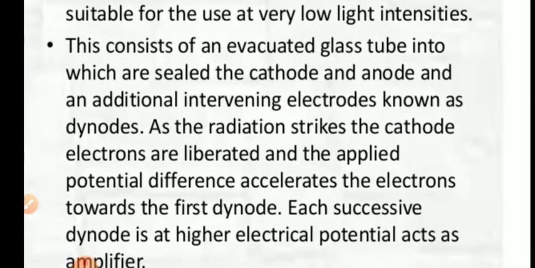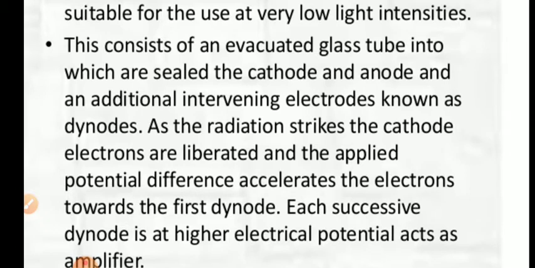This instrument consists of an evacuated glass tube, into which a sealed cathode and anode are present. At one end there is the cathode, at the other there is the anode, and in between the cathode and anode there are intervening electrodes. There are multiple electrodes which are known as dynodes.